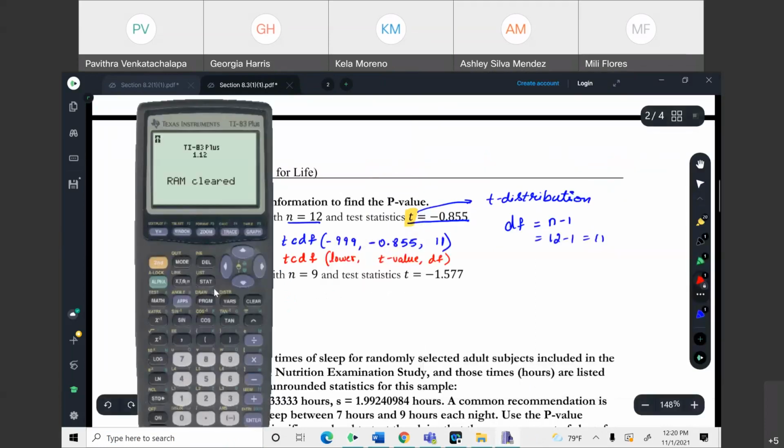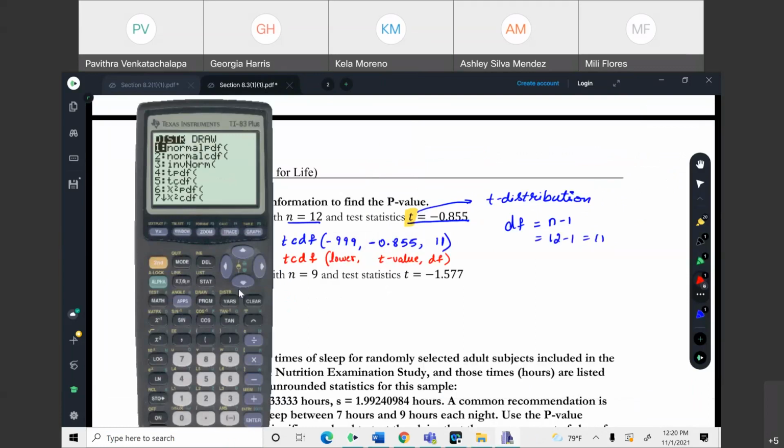You go to second vars, and you click on TCDF, which is number 5, enter, and you enter minus 999, comma, minus 0.855, which is the t value, and degree of freedom is 11, and then close parenthesis, enter.